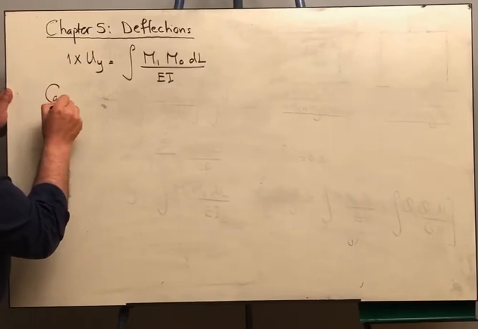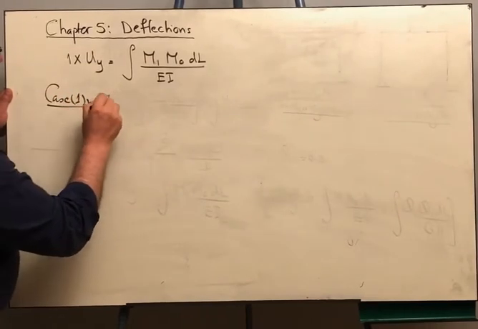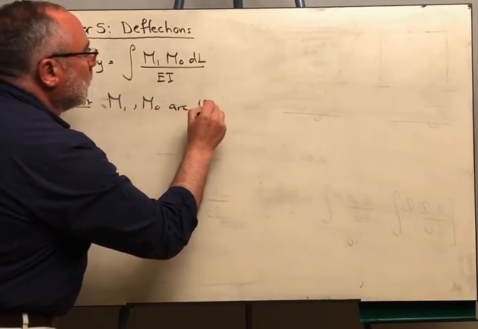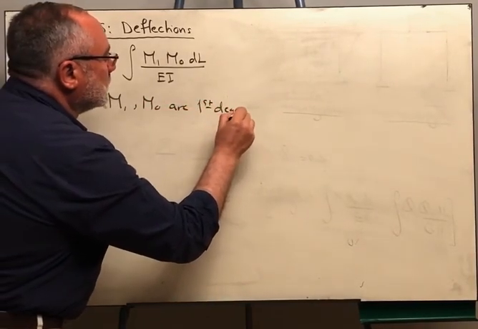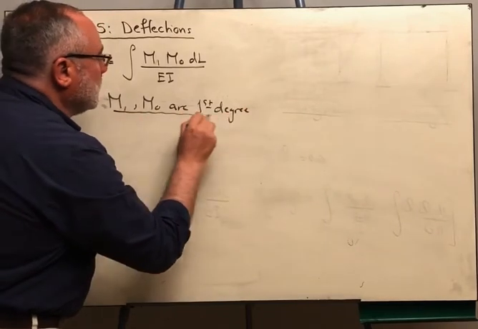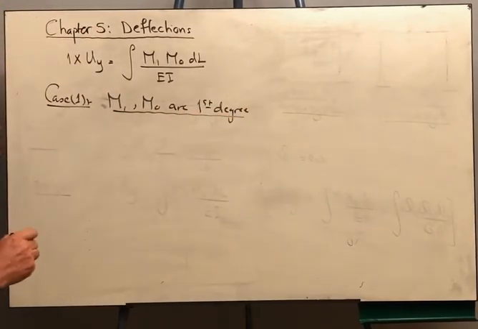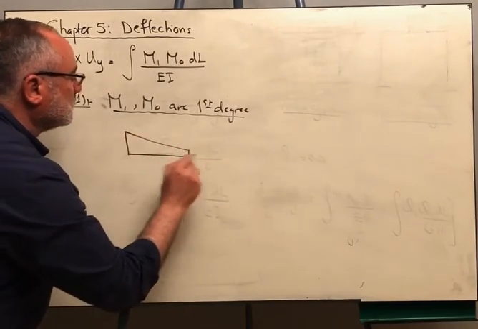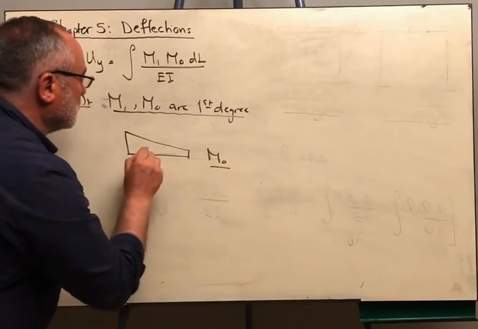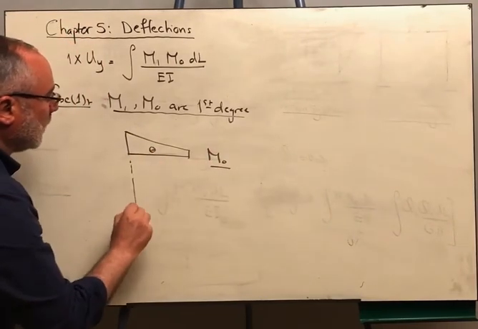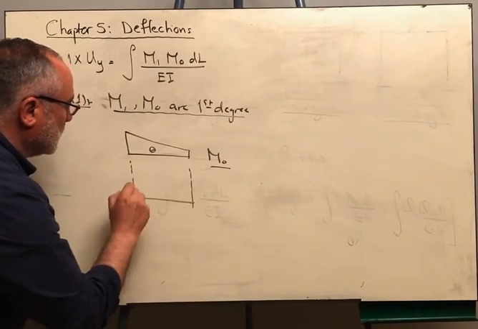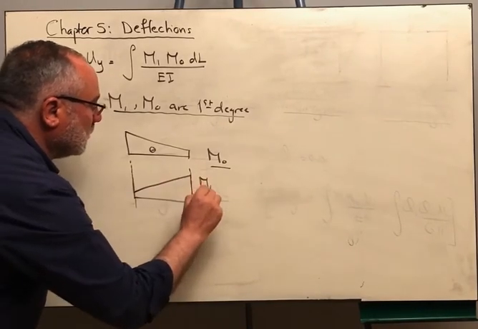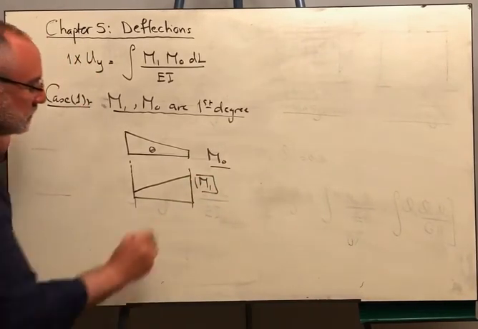Case 1, if M1 and M naught are first degree diagrams, which means that M1 and M naught are linear. Imagine that I am having a diagram like this. This is M naught, and we are having another, or the corresponding diagram for M1, like that.